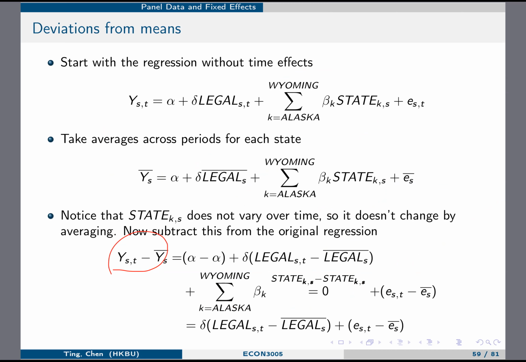We call this process the demeaning process. For the dependent variable, the regressor and the residual, we subtract the mean by one dimension from each. This equation will still hold.